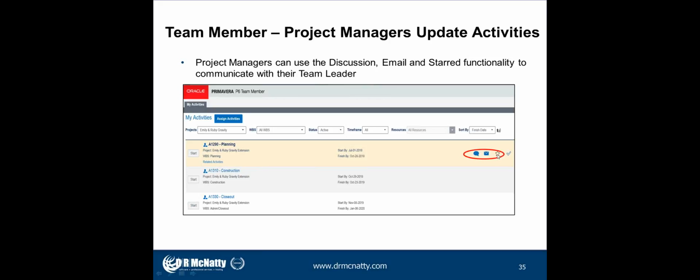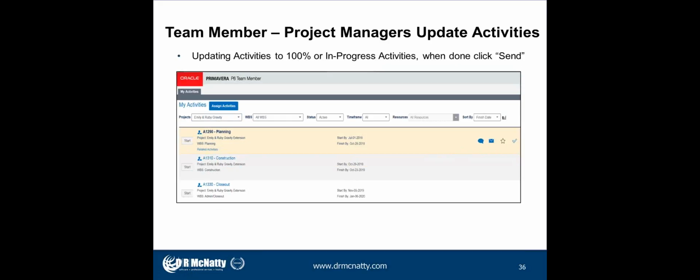The starred button allows you to highlight that activity. And then you have a check to the right, which I'll talk about in a couple slides. So basically, each activity is represented in the team member queue. You can highlight, and by highlighting on one of them, it highlights it in yellow so you know which activity you're highlighting on.